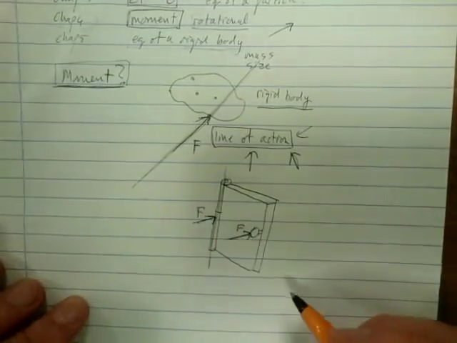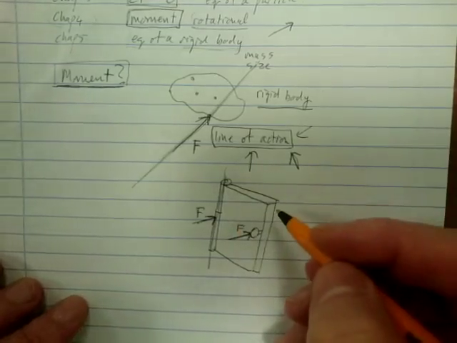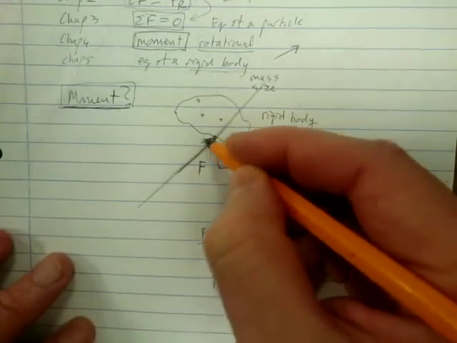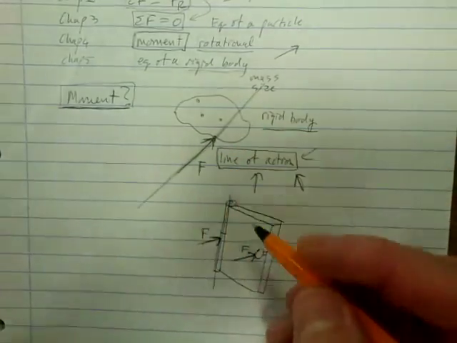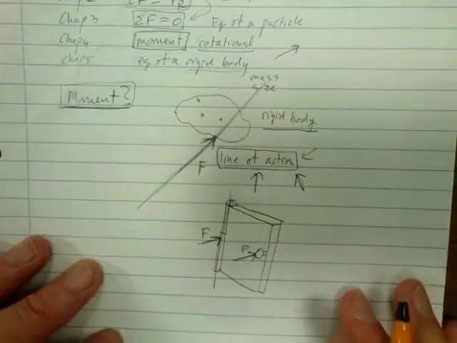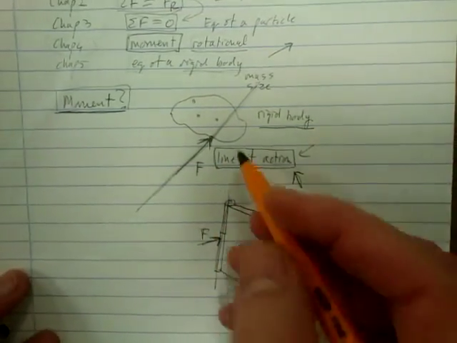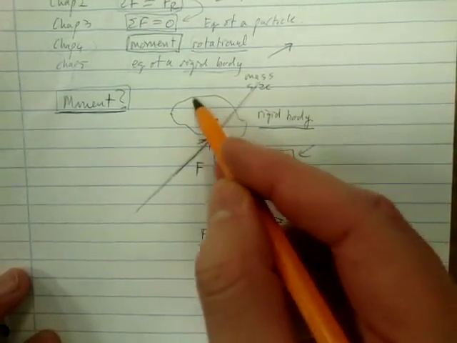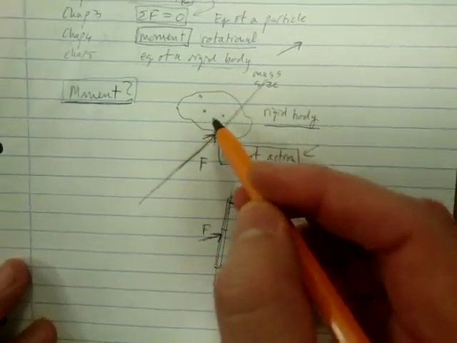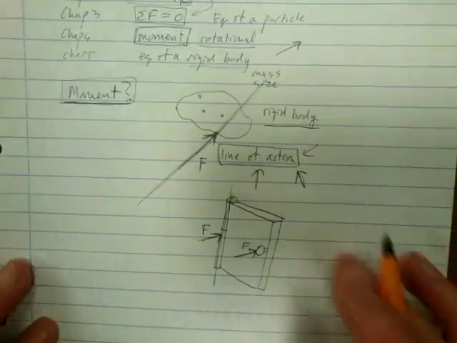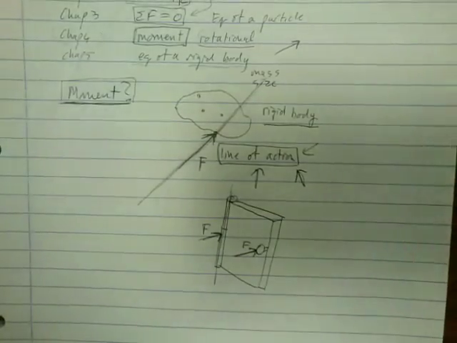You will get no rotation. Just try to see how this is applied in real life, that often we apply forces and it's actually causing a rotational effect at a point which is not on the line of action of the force. Okay, so that's the basic idea here.